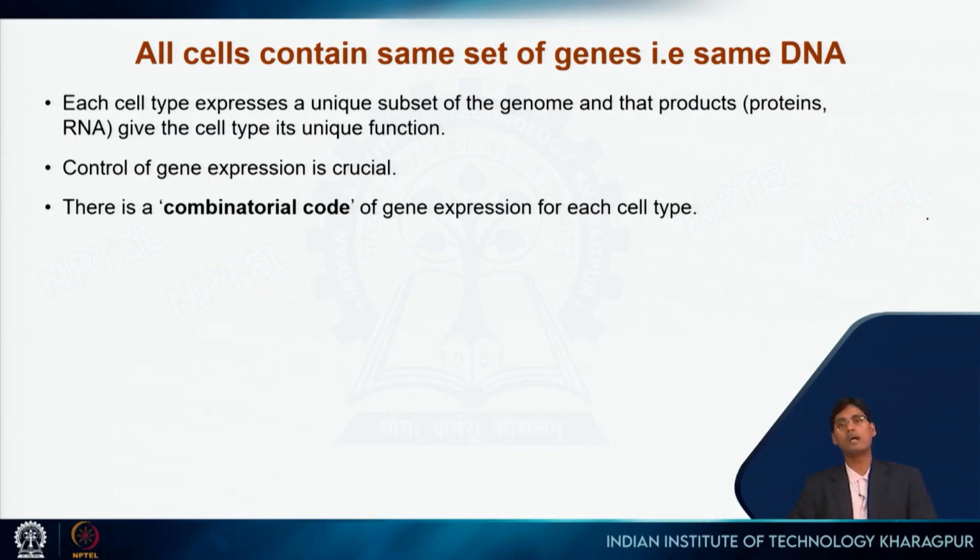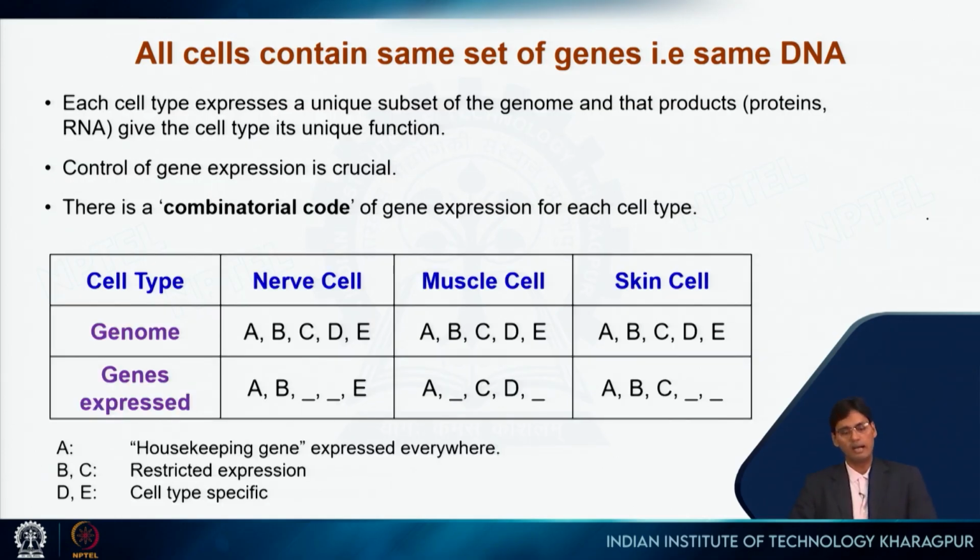I mentioned in some different discussion that we have around 20,000 different protein coding genes, but they have a very complex combinatorial code. Some genes are constantly expressed in all cells in our body. Some genes are not getting expressed at all in some cells and tissues. So it's a very complex process, and that decides the production of different types of cells in our body.